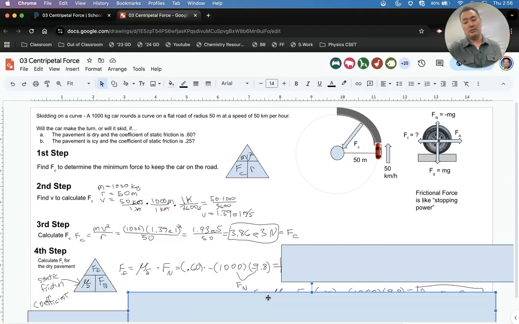I'm going to call a student to do this calculation. It's going to be Michael. So grab a calculator and put 0.6 times negative 1,000 times negative 9.8. Tell me what you get.